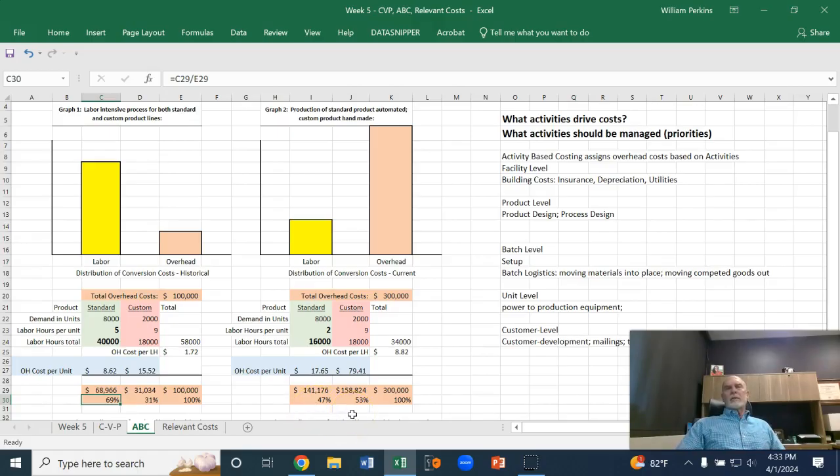However, under the new method, we're shifting, and now over half of the overhead is being assigned to the custom product when really it was the standard product that we were utilizing all of that equipment for.